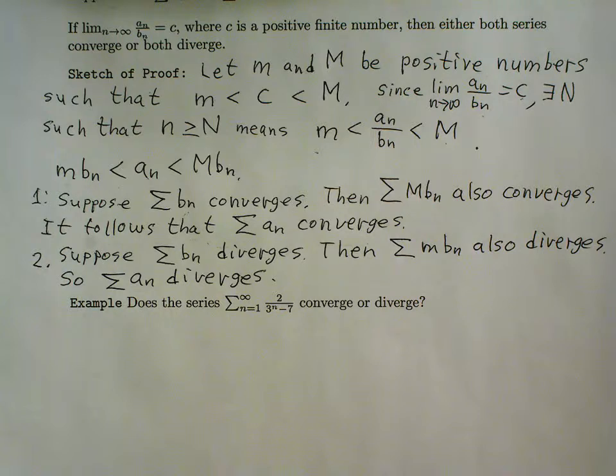The numerator is just a constant. And the denominator, 3 to the n minus 7, is going to get big pretty fast. So my suspicion is that it's going to converge.